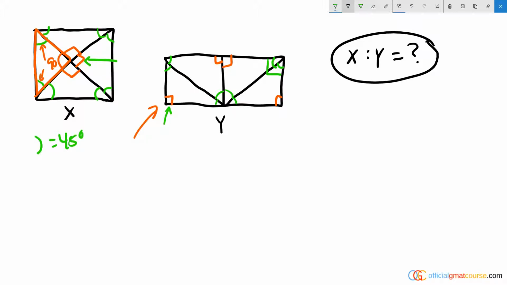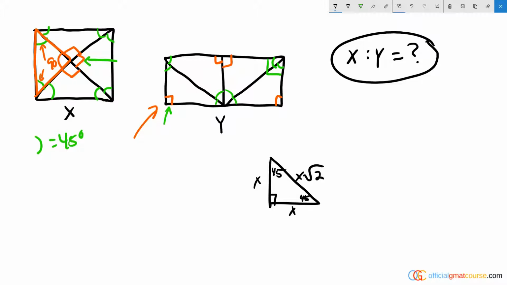Now, if we take any one of these triangles, and they're all the exact same shape, in a 45, 45, 90 triangle we have a ratio of the sides of x to x to x root 2. I would rather not use those variables of x.